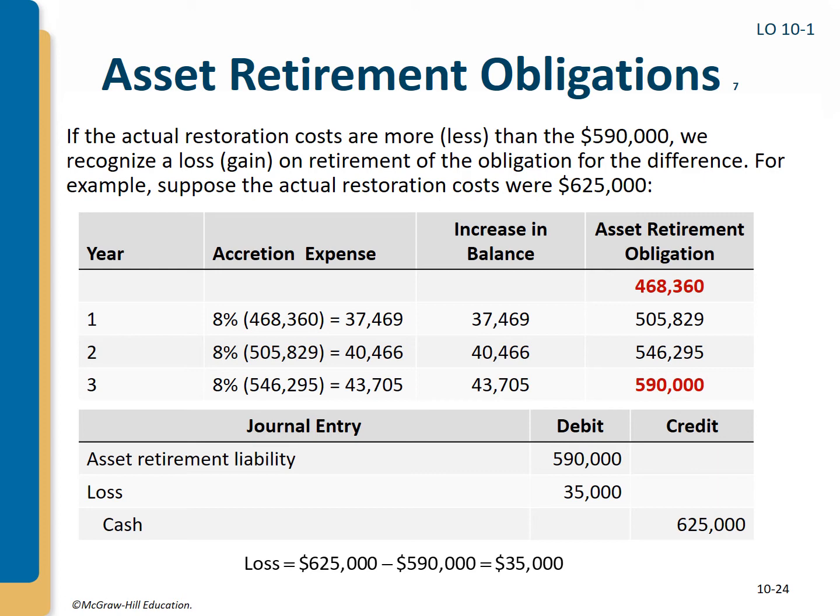That's what we had put away. The difference would be debited to a loss account. The opposite would be true if the cash amount is less than the retirement liability. That means we stored away too much, so we'll have a gain in that situation.